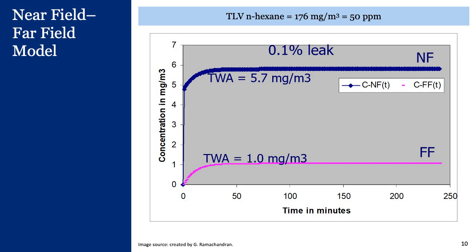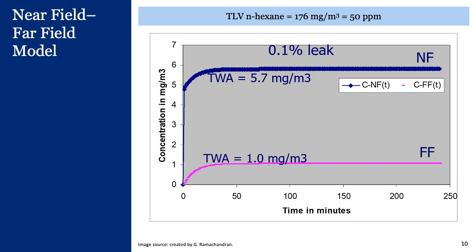So we say, okay, we don't really need to worry too much about it, even though we are now using a far more conservative model, and we have gone from 1 milligram per cubic meter when we assume the well-mixed room model to 5.7 milligrams per cubic meter for the near field model. At the bottom of this slide, you also see the far field model prediction, which is 1 milligram per cubic meter, which is the same prediction as the well-mixed room model made previously.